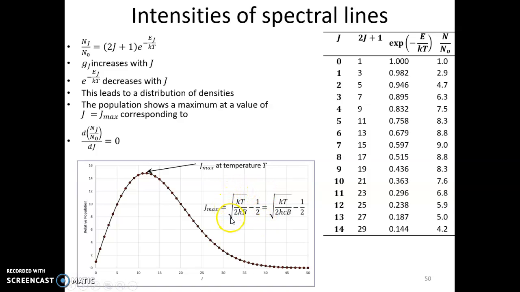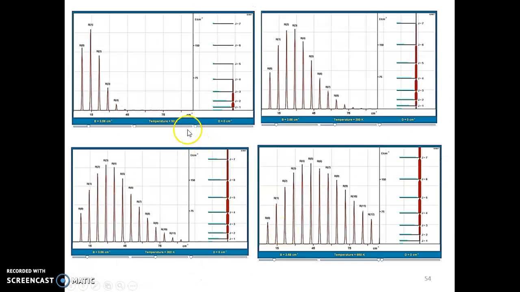This is when B is given in joules, and if our B is given in wave numbers, we have that equation. Like we said, it depends on the temperature. At 50 Kelvin, these are our J levels. Say J equals 1 is very populated. If you increase the temperature to 200 Kelvin, J equals 4 is very populated.